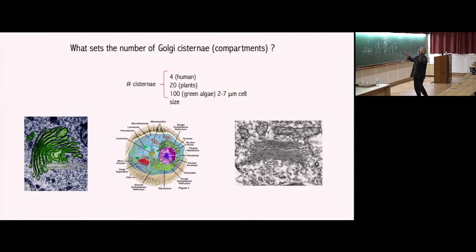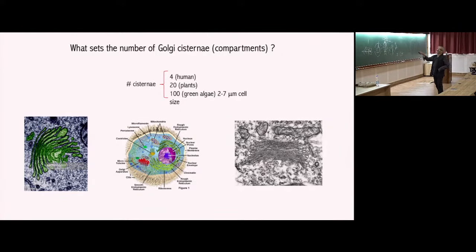And here is some statistics that you might find interesting. The number of cisterna in human cells is around 4. The number of cisterna in plant cells shown here is around 20. You can see that many more stacks of Golgi here compared to the cisterna that you can see in that schematic, which is of a mammalian cell.